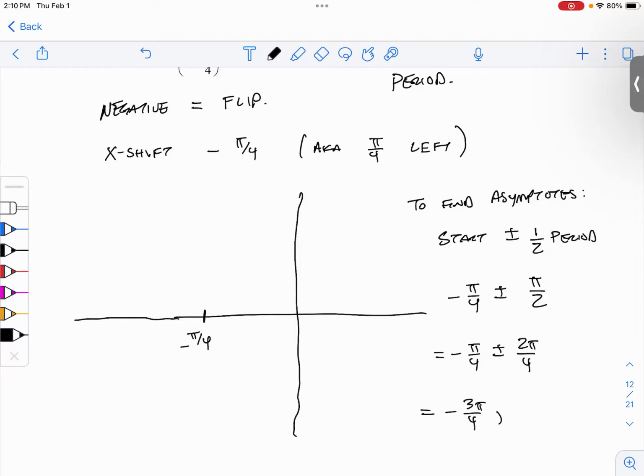And the other value would be 2 pi over 4 minus pi over 4, which makes positive pi over 4. Because it's pi over 4s, it's easy math. It's halves and quarters. So that means negative 3 pi over 4 here and positive pi over 4 here.